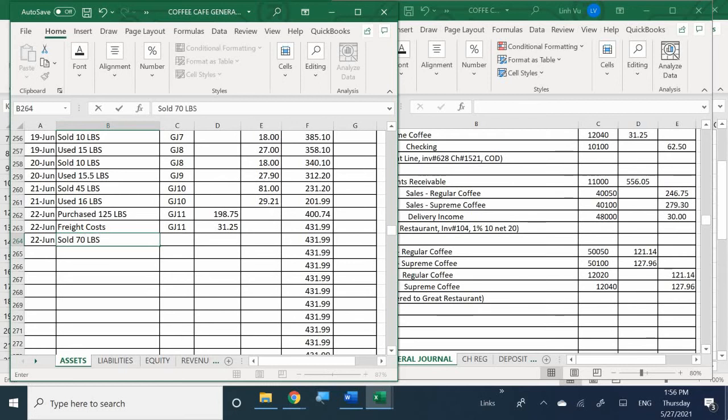General Journal 11. Credit for 127.96. And our running total is going to be 304.03. And then we already did the delivery, so it's not on here. And I think we're done with this one.